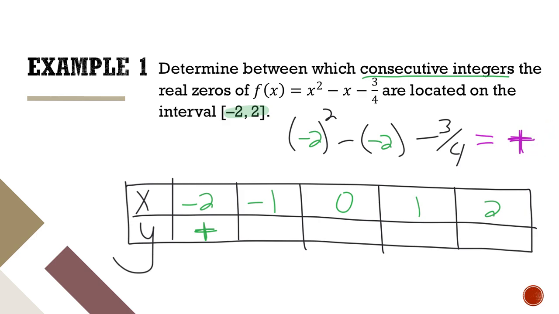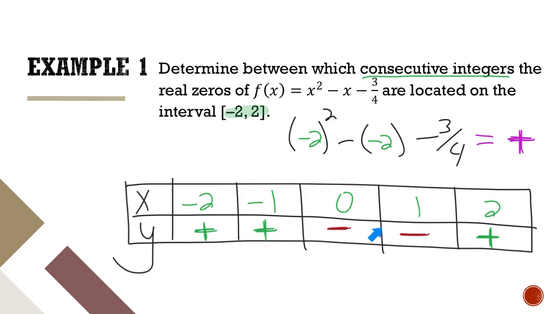So it's positive 5.25. We just need to know it's positive. Also, if we plug the -1 in, this will also be positive. If I plug in 0, these go away, and we're just left with -3/4, so this is a negative. If I plug in 1, it's also going to be negative, and if I get back to 2, it will be positive.